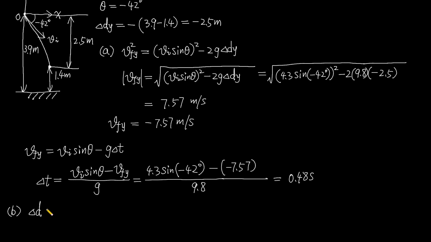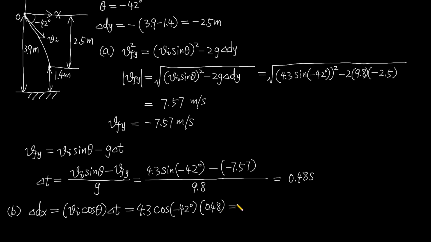So it's this formula. The horizontal displacement equals the initial velocity multiplied by cosine theta multiplied by time interval delta t. Now this equals initial velocity 4.3 times cosine negative 42 degrees, then multiplied by the time interval 0.48 seconds.